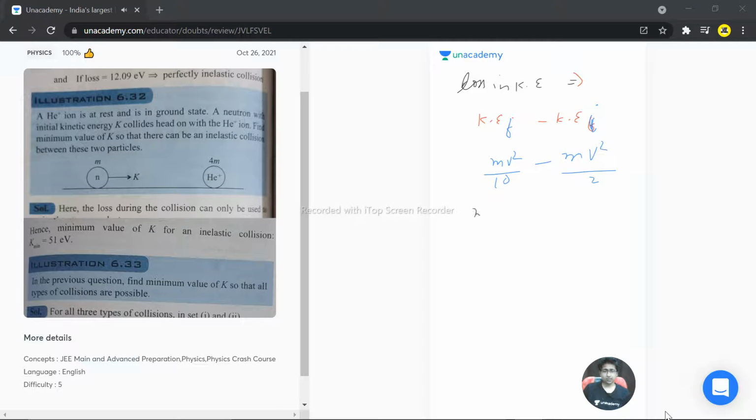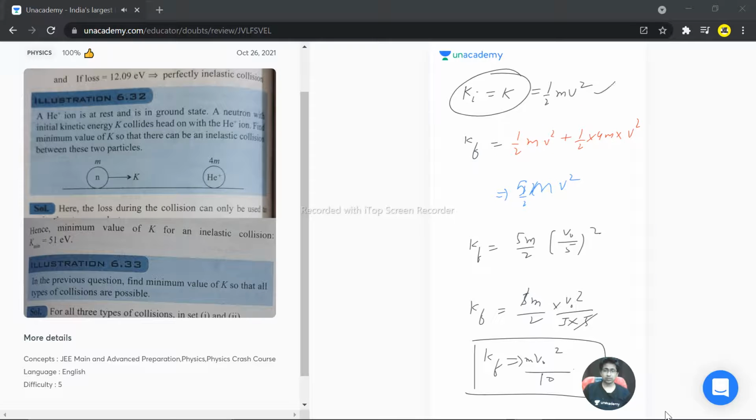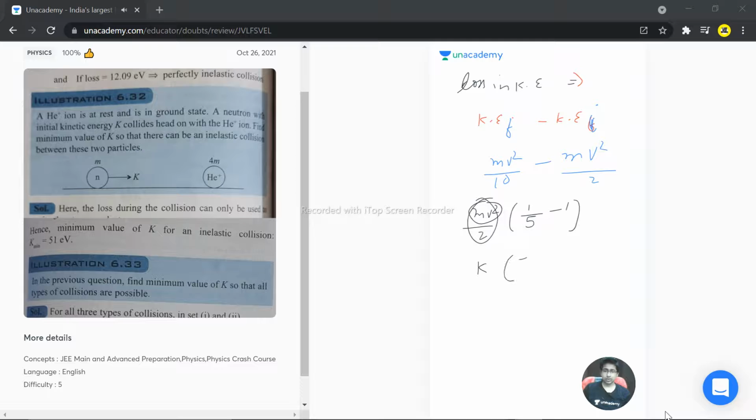Taking m v naught square by 2 as common, we get 1 by 5 minus 1. Half m v naught square is K, so this is minus 4K by 5. The minus sign represents the loss, so in magnitude the loss in kinetic energy is 4K by 5.